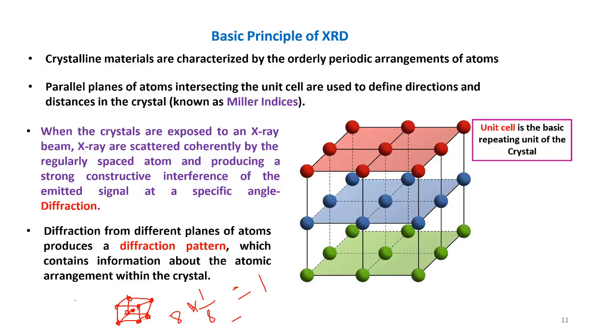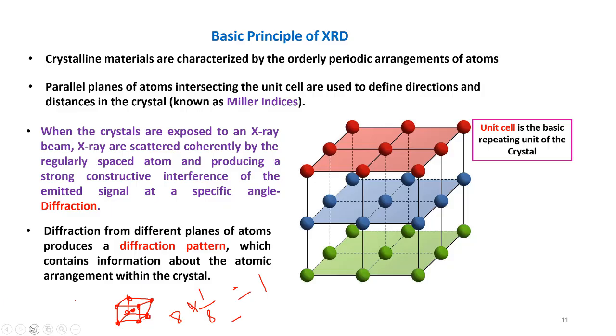So one on the vertices, and one in the body center, which will have a whole share. So one cross one, that will be one for the body center, and then 8 cross 1 by 8, that will be again one for the vertices. So 1 plus 1, total 2 atoms will be there.